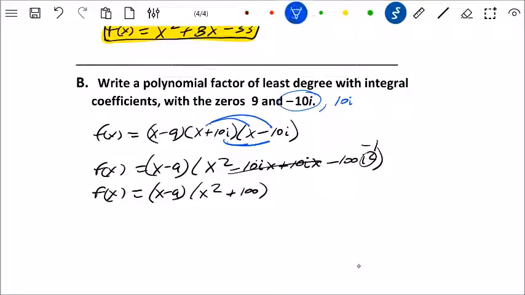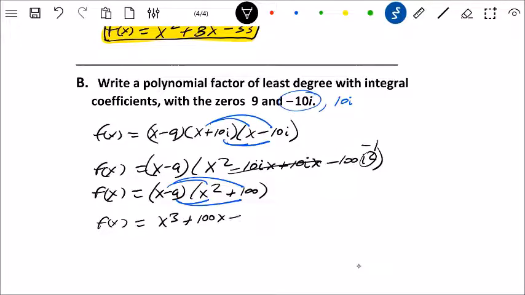So now we'll multiply the x times both of these, the negative 9 to both of these. That's x cubed plus 100x minus 9x squared minus 900. So we have an x cubed. Now let's put these in order.